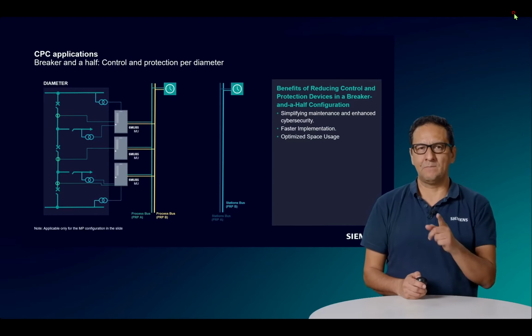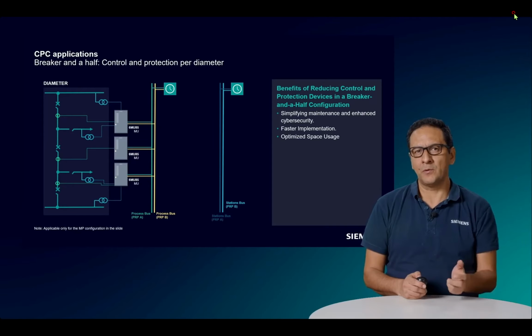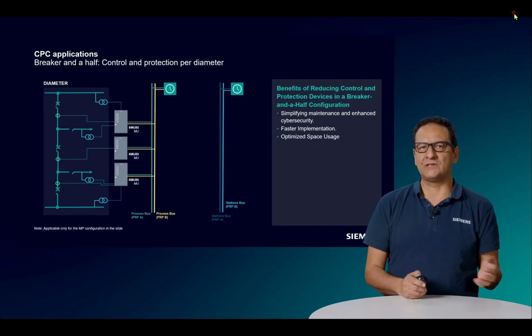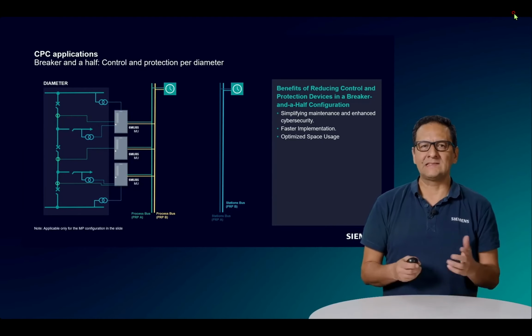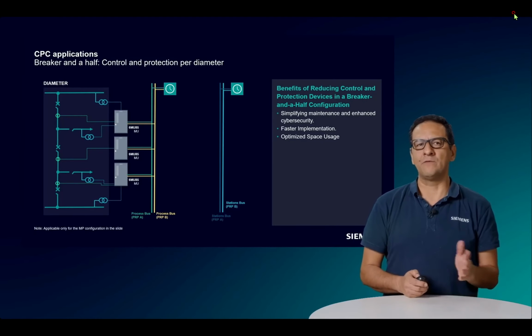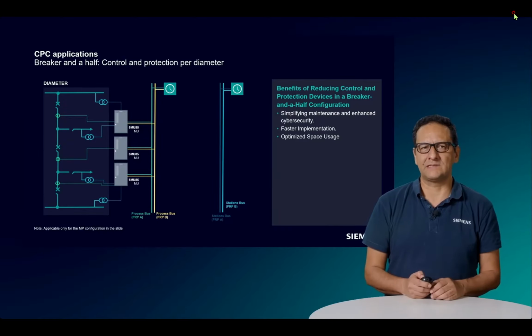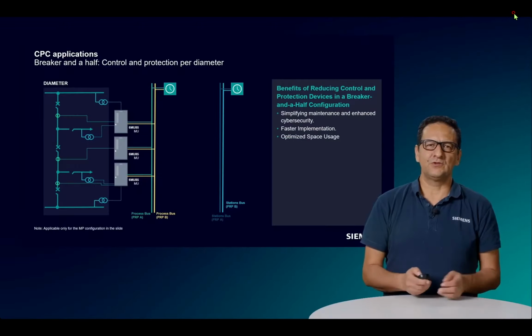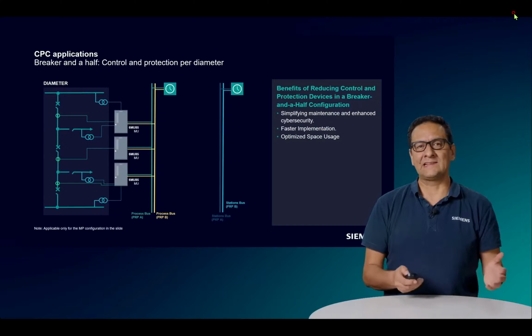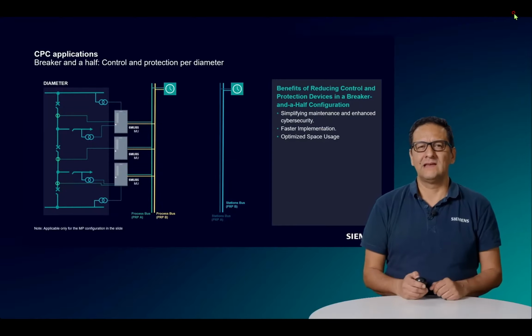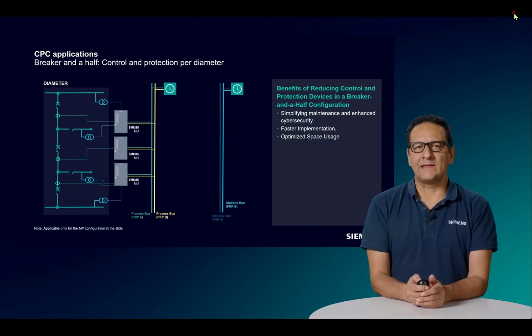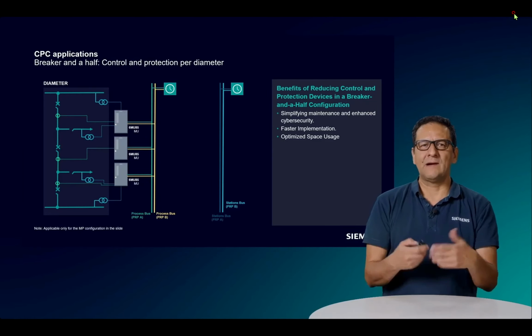Faster implementation: with fewer components, we can install and commission the system more quickly, helping us to deliver projects faster and improve return on investment. Optimized space usage: this solution is ideal for substations with limited space. It reduces the need for control cabinets, racks, and large control rooms. A centralized system gives us a better overview and supports advanced protection and automation.